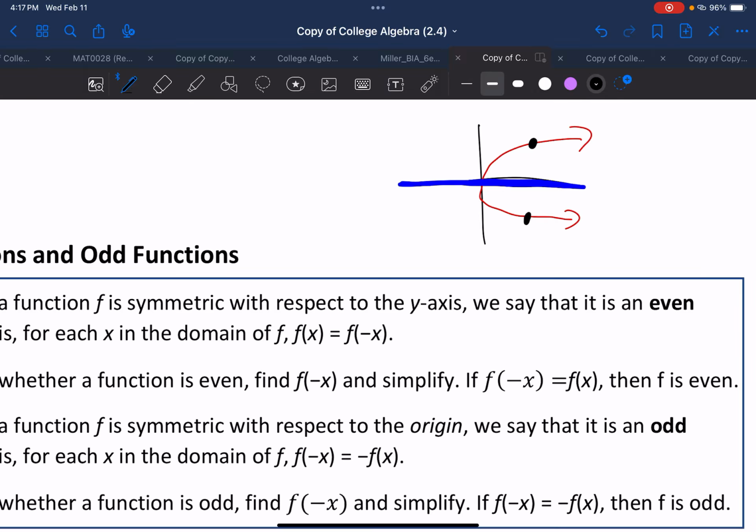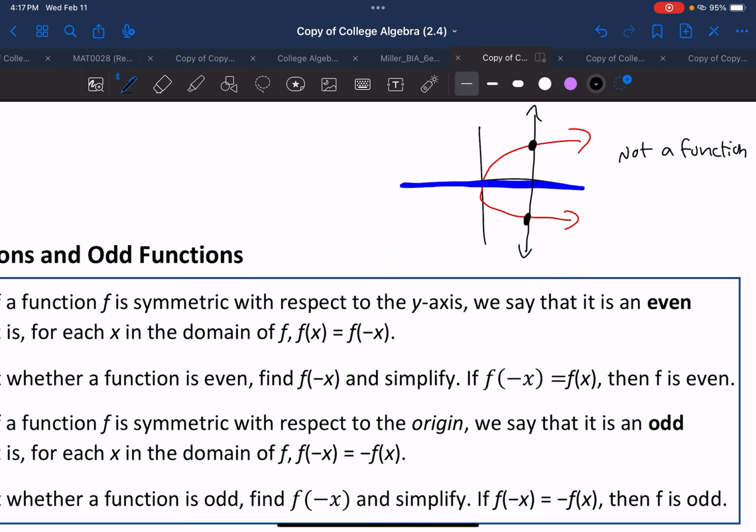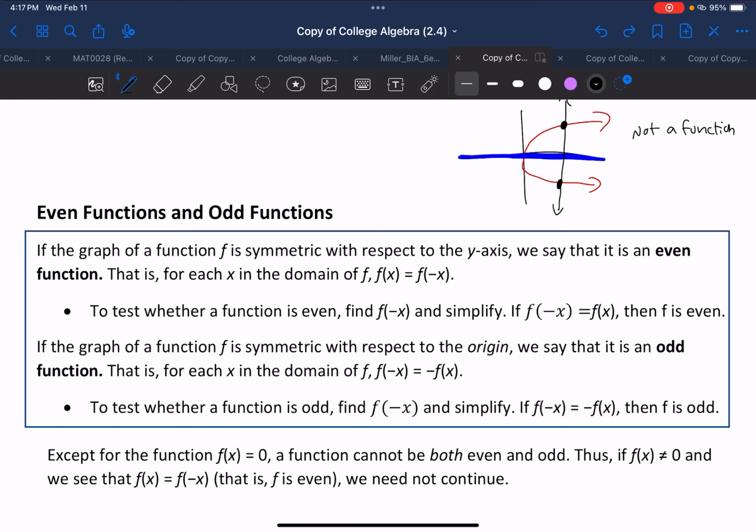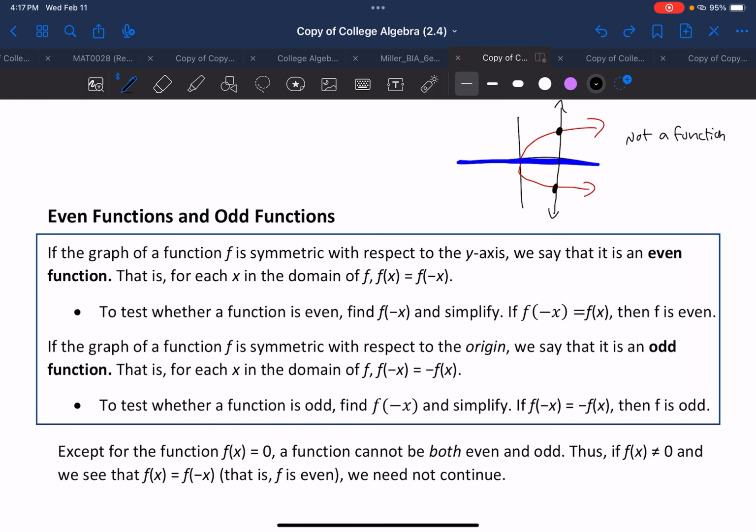So that fails the vertical line test. This is not a function. So that's why the test for symmetry about the x-axis is not included here, because these are only for functions. So these are only used to test functions to determine whether they're symmetric about the y-axis or the origin.